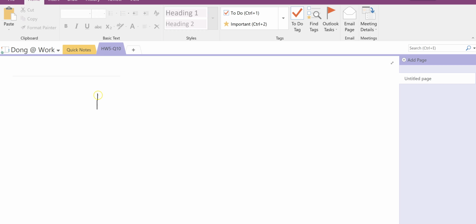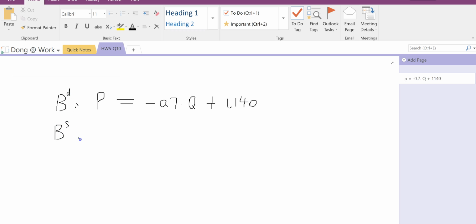Let me use P to denote the price, and that equals negative 0.7 times Q, capital Q to denote quantity, plus 1,140. So this is my demand curve. And then my supply curve, price equals Q plus 720.